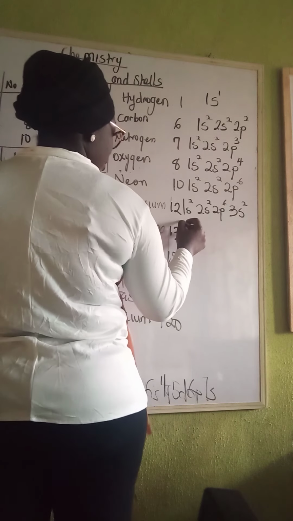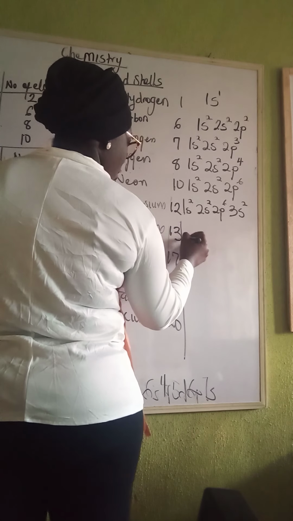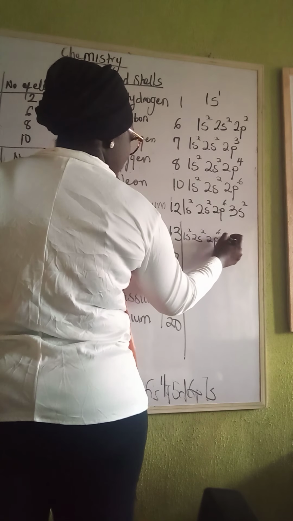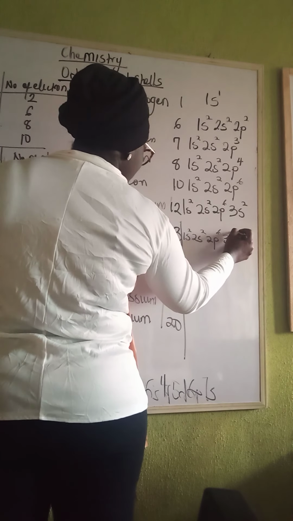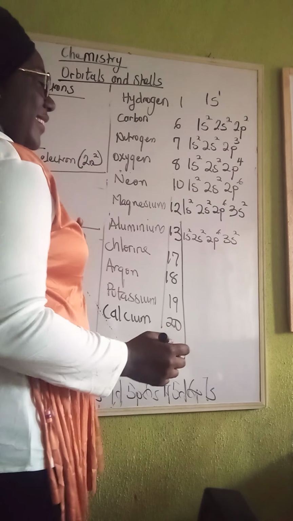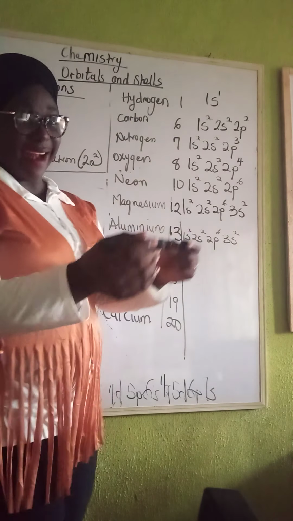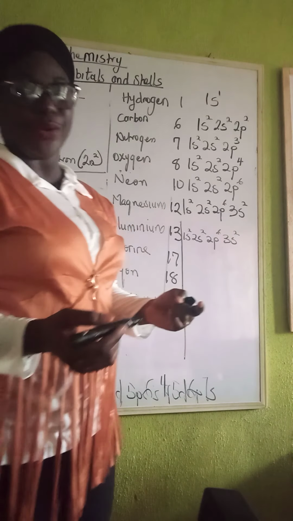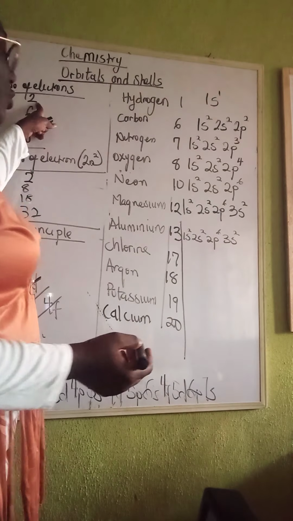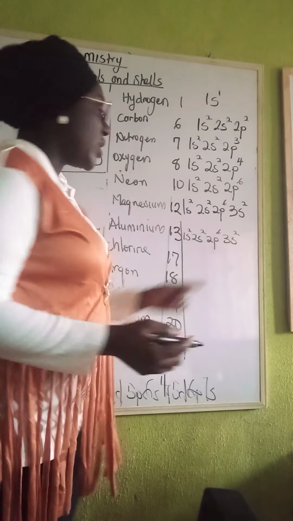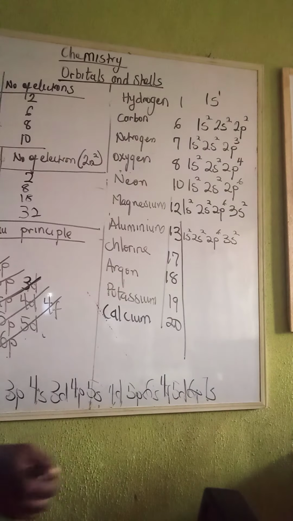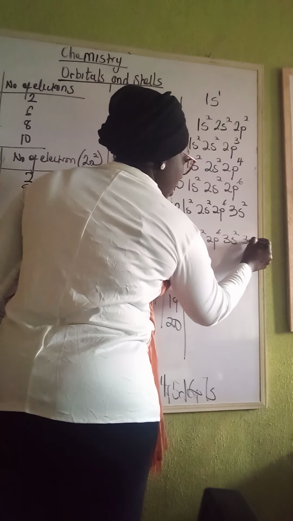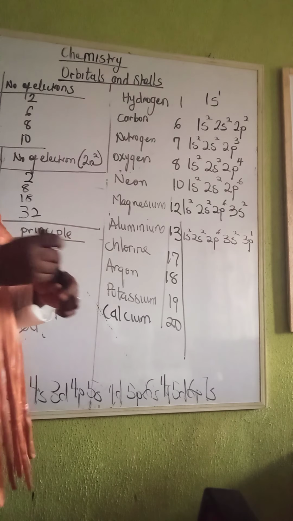Let's go: 1s2, 2s2, 2p6, and 3s2. I know some of you will say 3s3. No, s can only accommodate 2. So you move to the next one. According to the Aufbau principle, after 3s we have 3p. That will be 3p1. Good.